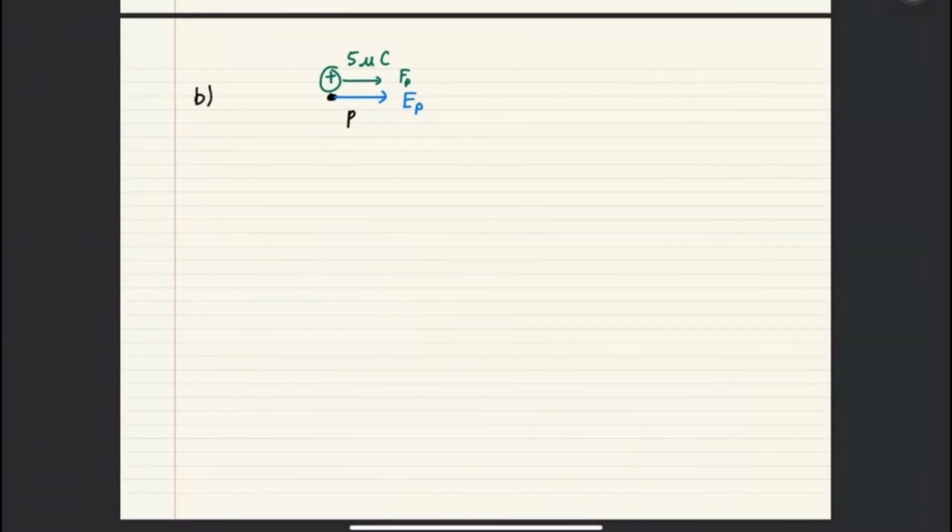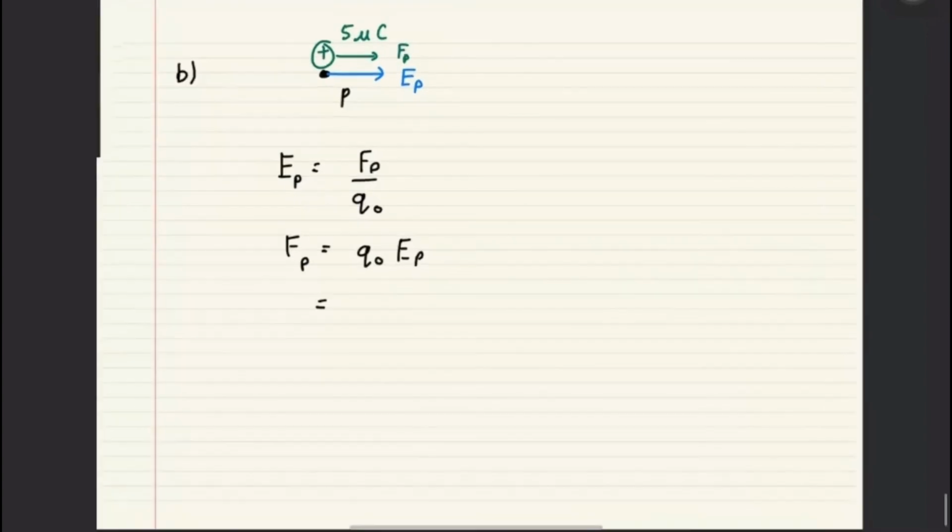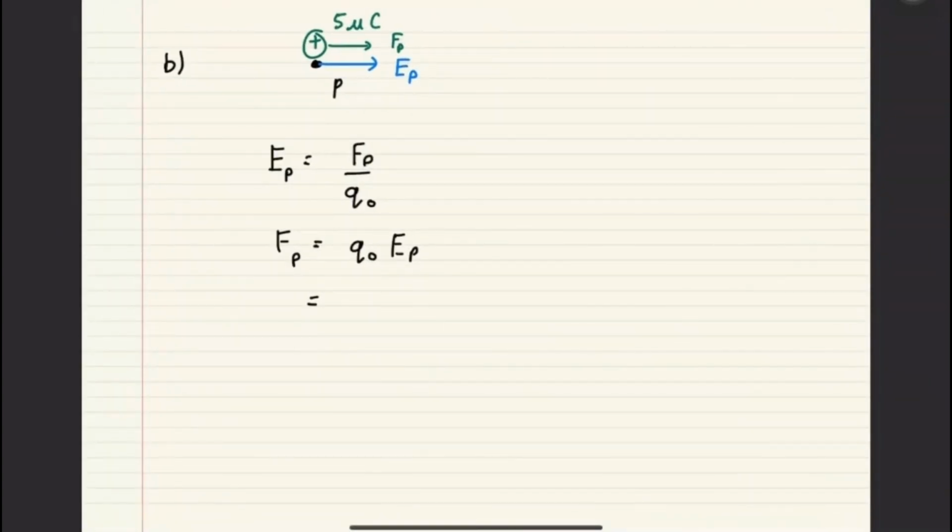So like I told you before, E tadi sama dengan F over Q. Okay. So this is my Q naught lah. So my F is actually Q naught multiplied by E. We are talking about at point P, so kita boleh kira straight away. Direction pun kamu boleh tahu straight away based on charge yang diletak tu, charge positif ke charge negatif. Kalau tiba-tiba dia letak negatif, dia opposite daripada E yang kita dah kira tadi.